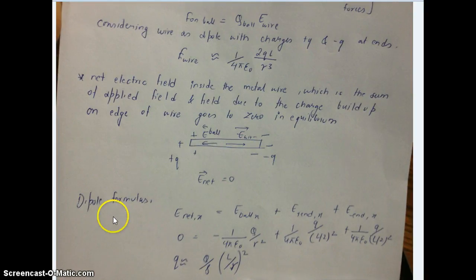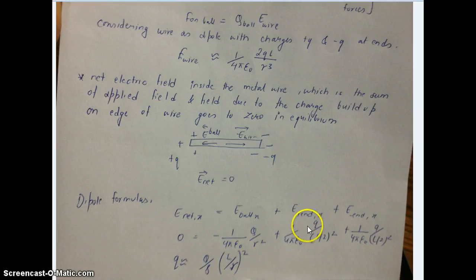So now we can use the dipole formula in getting the E net. E net at x equals E ball at x plus E of the positive end of the wire and E of the negative end of the wire. We know that this net electric field equals 0, and the electric field of the ball at x is 1 by 4 pi epsilon naught times Q over r square.